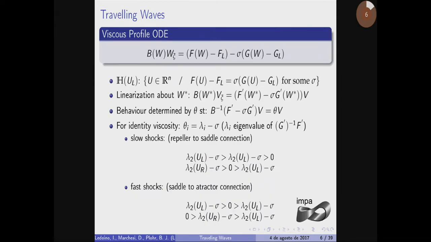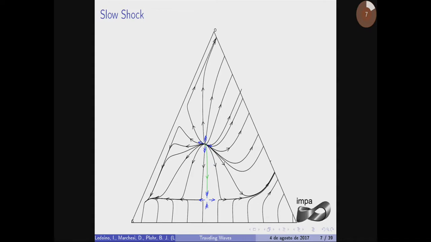Okay, so here's a picture of a slow shock connection. We have a connection from this left state to this right state, and we see that many orbits leave the left state, but only one enters the right state.